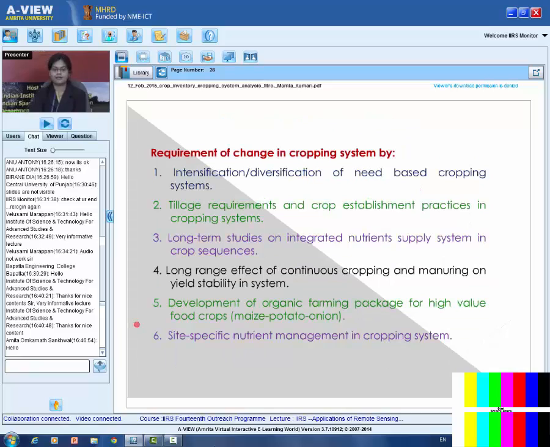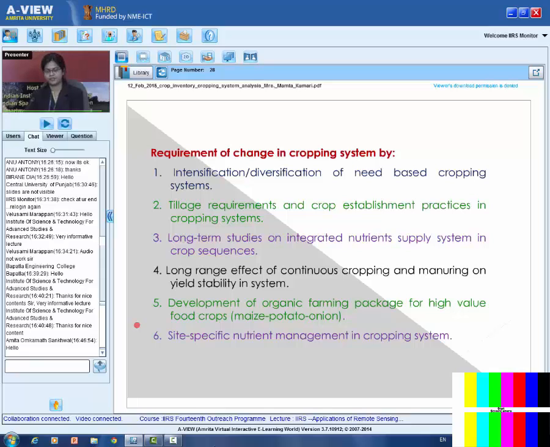So there are requirements for change in the cropping system in different conditions. Sometimes we are not utilizing sufficient area available for agriculture because of poor resource availability. Sometimes we are taking similar kinds of crops year by year because of more market demand, but we are deteriorating the soil.